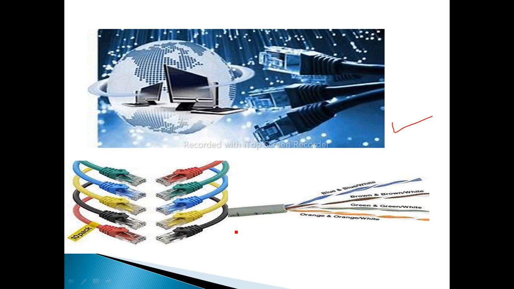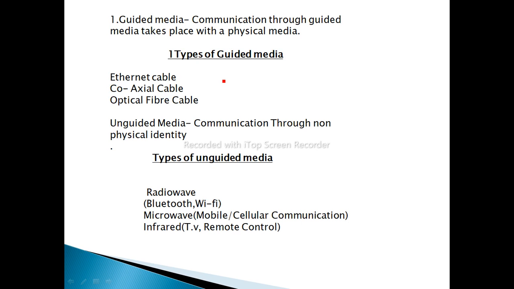So these are the cables. This is an Ethernet cable and this is a coaxial cable. You have seen such type of cable: blue and blue white, brown and brown white, green and green white, orange and orange white. So different types of cable. Now we have guided media.